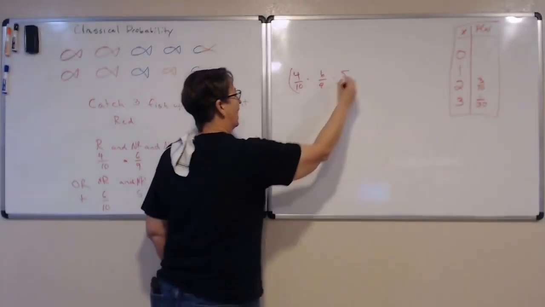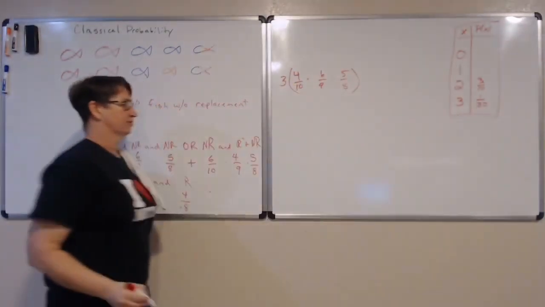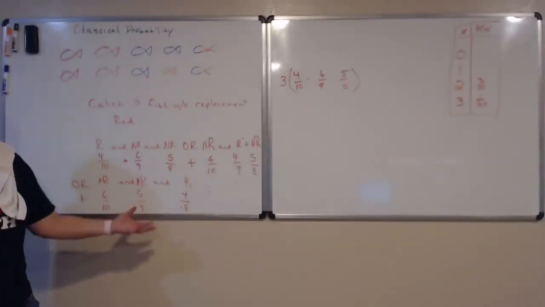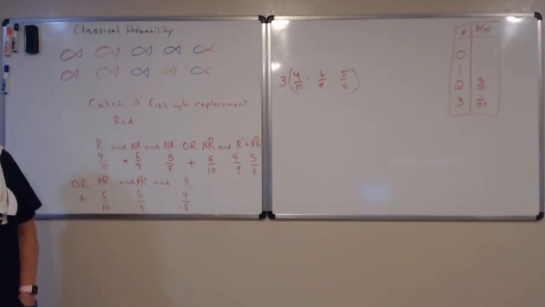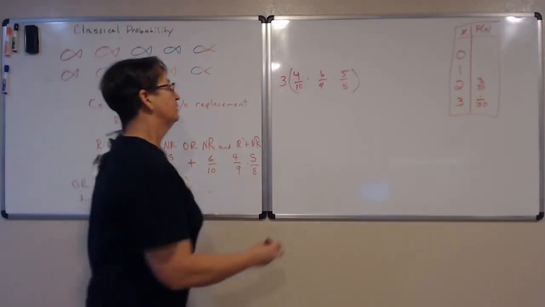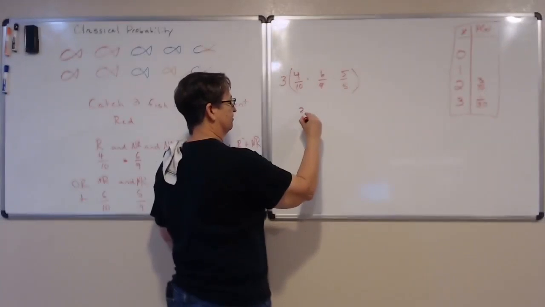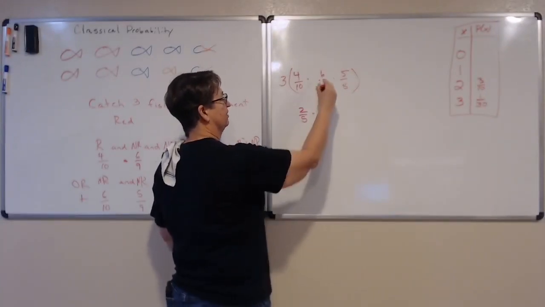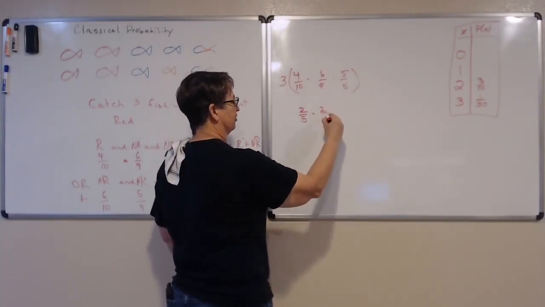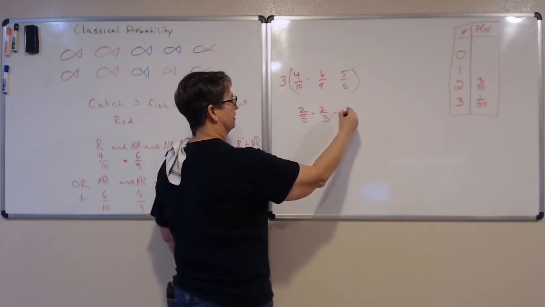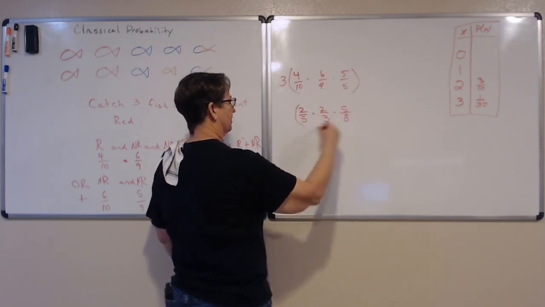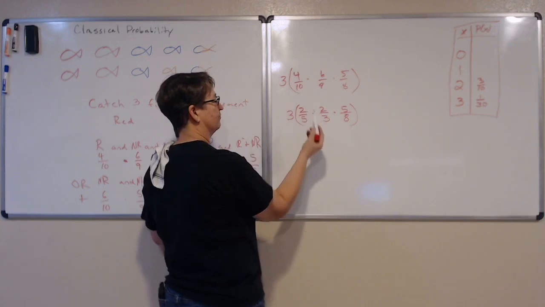I could do that 3 times because there are 3 different ways. They're all the same probability. So now 4/10 is the same as 2/5. 6/9 is the same as 2/3. 5/8, and I'm still multiplying it times 3.